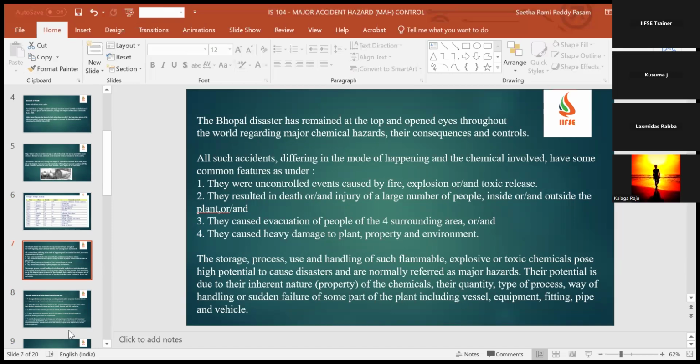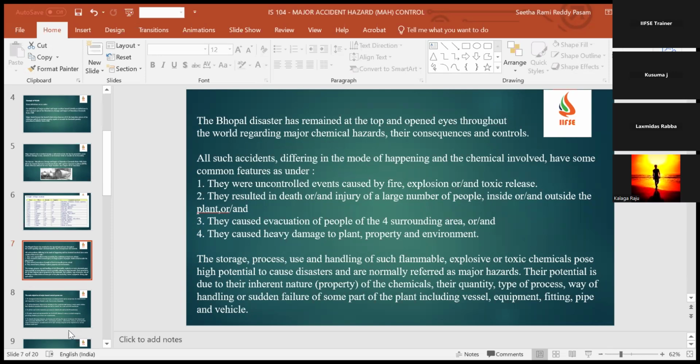After the Bhopal disaster has remained at the top and also opened the eyes throughout the world regarding major chemical hazards, their consequences and controls. All such accidents, differing in mode of happening and the chemicals involved, have some common features.